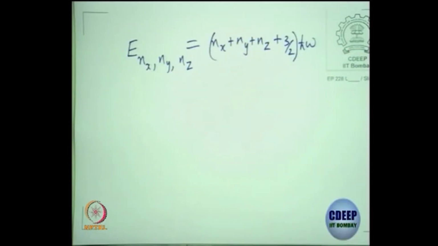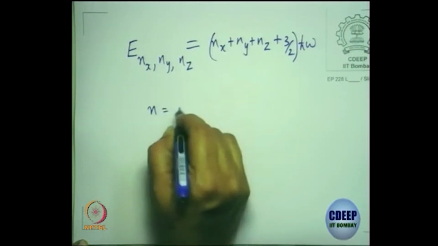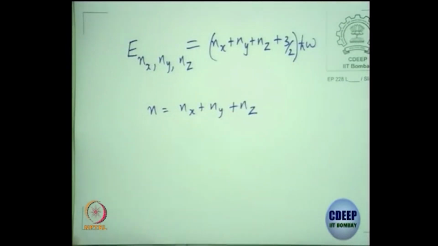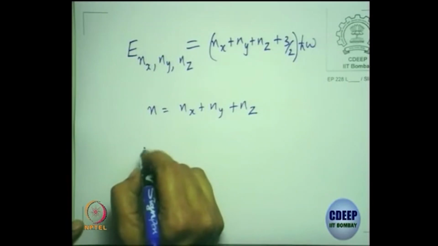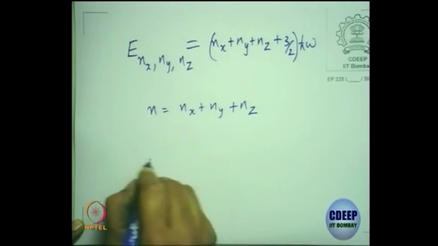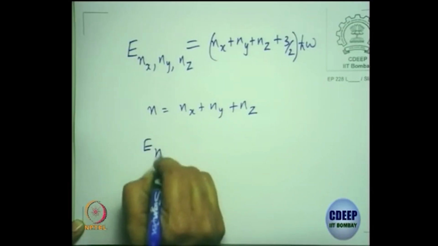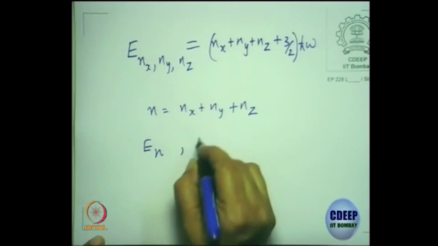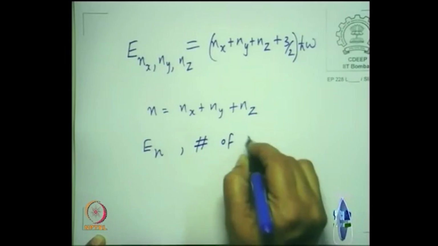Is that right? I can call n to be nx plus ny plus nz. So if I want to find for a specific energy En, what is the number of possibilities?